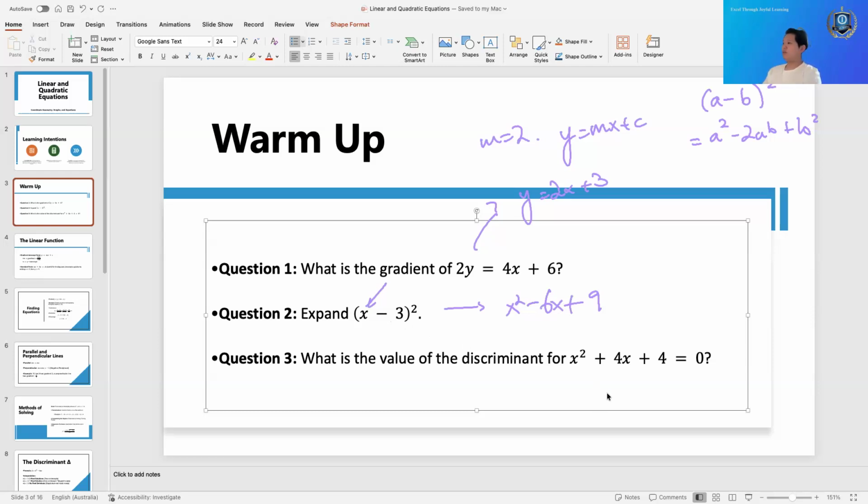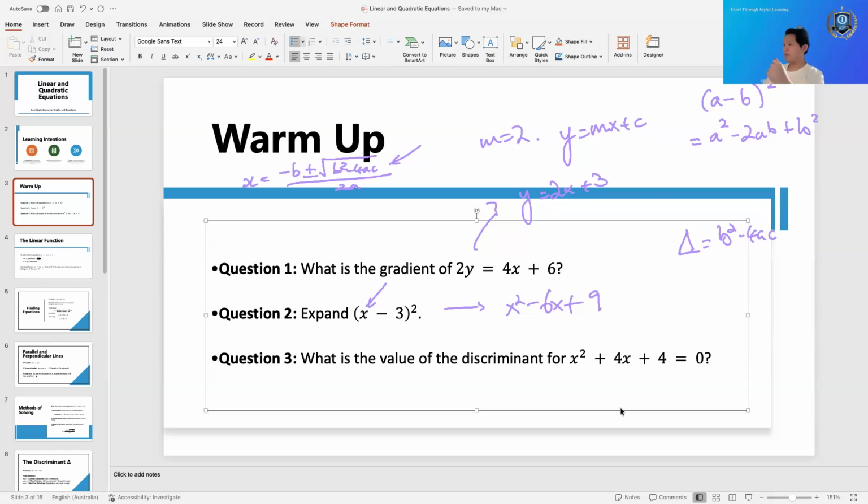And then for your last one, the discriminant. Do you know what the discriminant is? Yeah, if you're familiar with the quadratic formula, x equals negative b plus or minus the square root of b squared minus 4ac, all over 2a. The discriminant is simply the thing inside the square root, which is b squared minus 4ac.